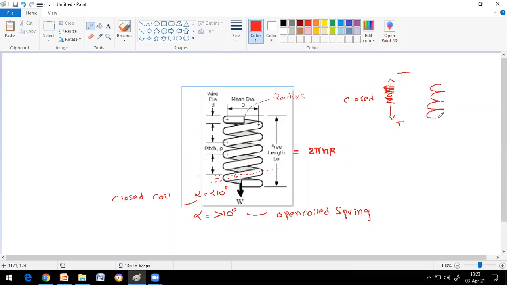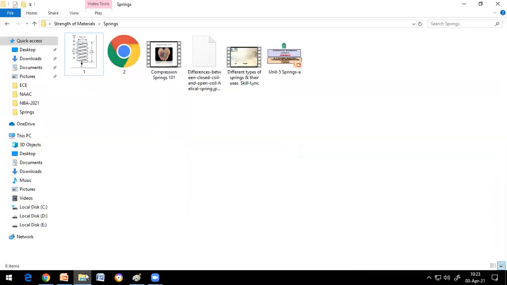The springs which have more distance between two coils are mostly used under compression, and are represented as open coiled helical springs. Right? So let me show you one image, the difference between closed coil and open coil.